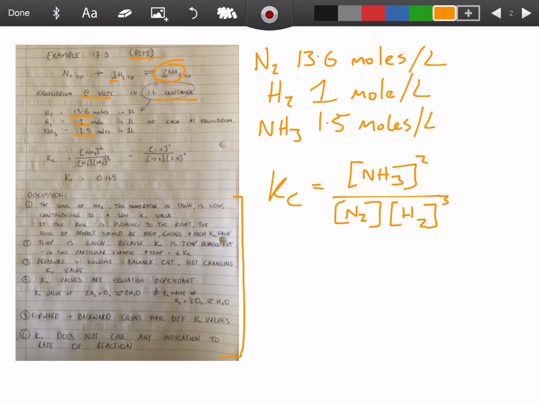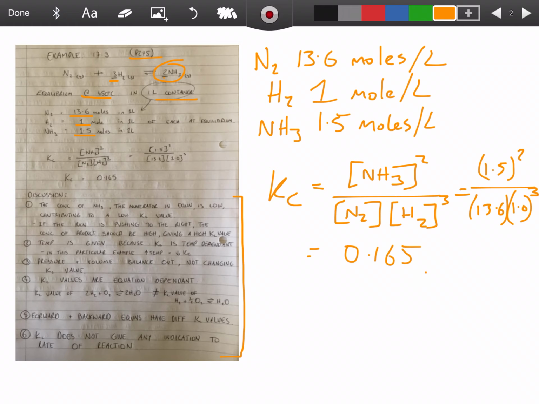So all you've got to do then is pop in the values. You can see that's 1.5 squared all over the 13.6 by 1, and that's cubed, and then you just pump that into your calculator and you get a value, and in this case we got a value of 0.165.